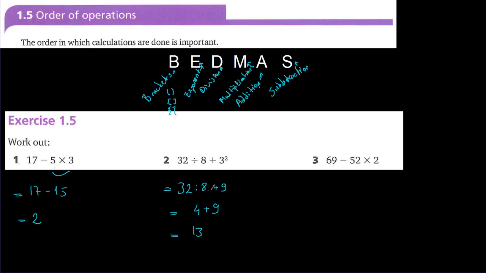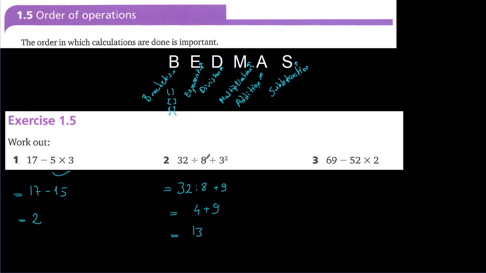We need to be careful about this one. The 3 squared is connected to the rest of the expression with plus, so division is the first one among the four basic operations.